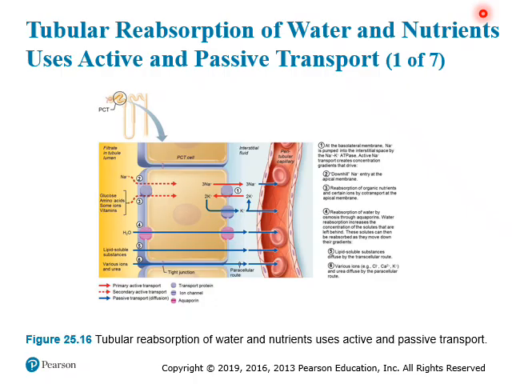I always tell my students one thing they can remember about the movement of substances across the tubules: where salt goes, water follows. Wherever salt is concentrated, water will follow.